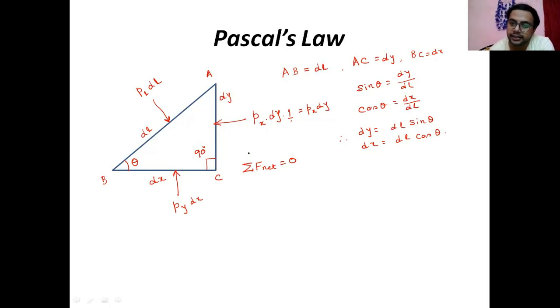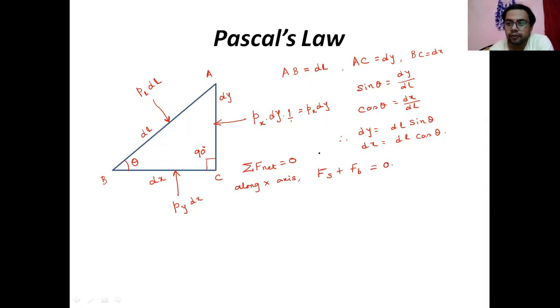So the net force along the x-axis should be zero, and the net force along the y-axis should also be zero. Along the x-axis, the net force is surface force plus body force, equal to zero.